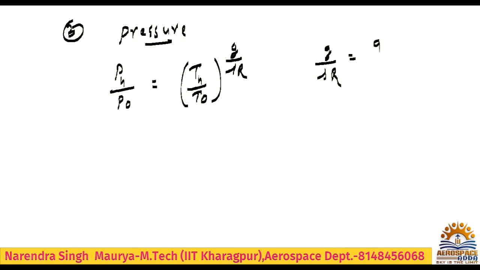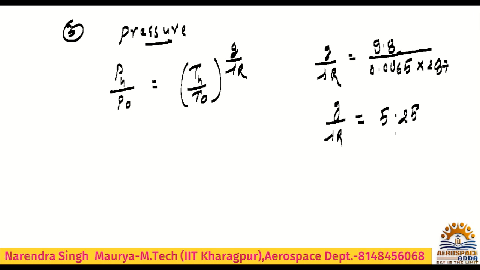Okay, g is nothing but 9.8, lambda is 0.0065 into R, 287 it is given. If you calculate g by lambda R, you may get 5.25. So this is the third formula.